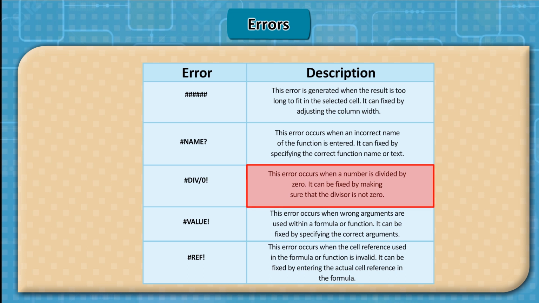It can be fixed by making sure that the divisor is not 0. This error occurs when wrong arguments are used within a formula or function. It can be fixed by specifying the correct arguments. This error occurs when the cell reference used in the formula or function is invalid. It can be fixed by entering the actual cell reference in the formula.